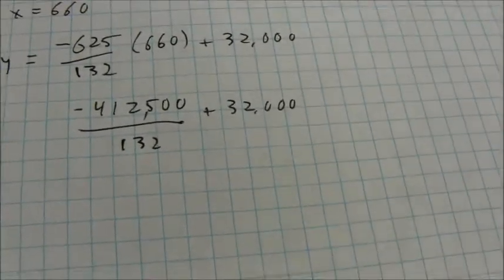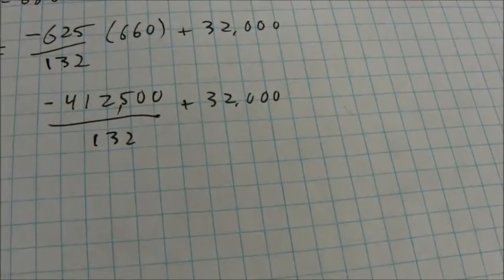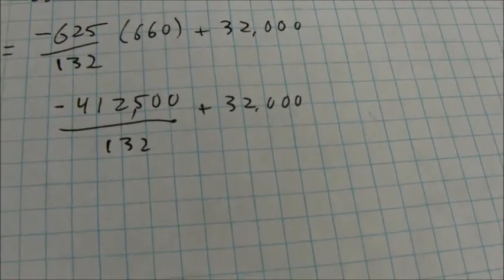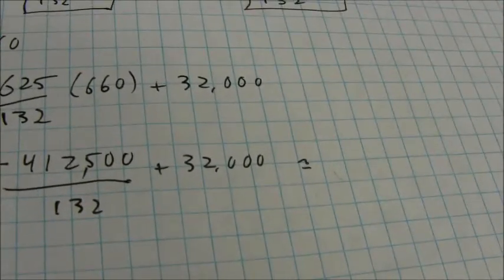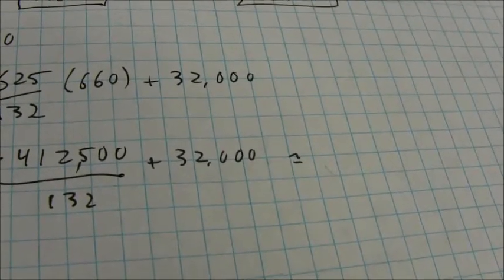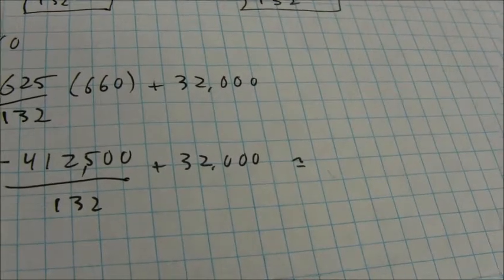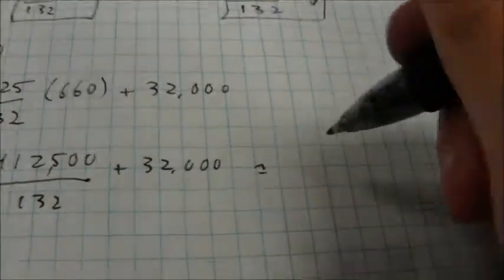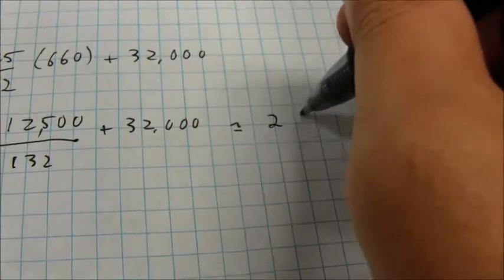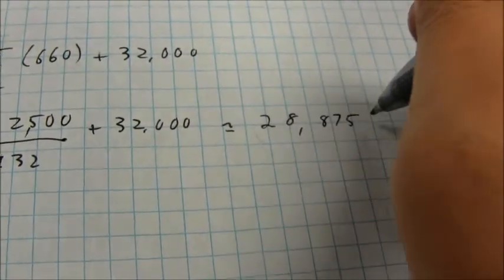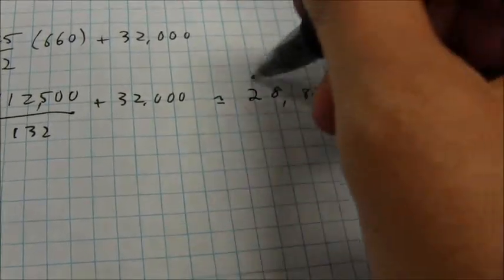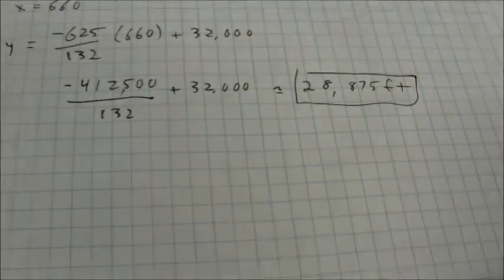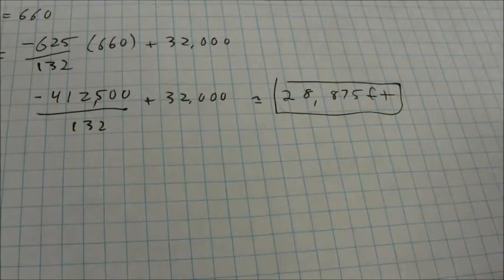Again, really depends on whether or not you're supposed to simplify this or not. As a rounded answer, that would be approximately 28,875 feet. Actually, it wouldn't be approximately, it would be exactly. That worked out nicely. And so that's going to be the new height.